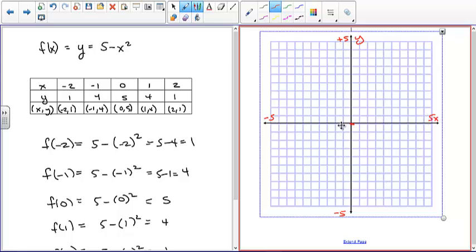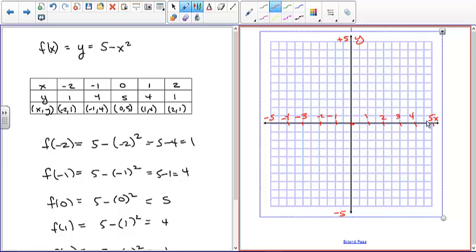So we've got negative 2. So you might go 1, 2, but the reality is that every 2 grid marks is 1 unit. Sometimes you want to put in what we call tick marks, and we could put in 1, negative 1, negative 2, negative 3, 4, 1, 2, 3, 4.